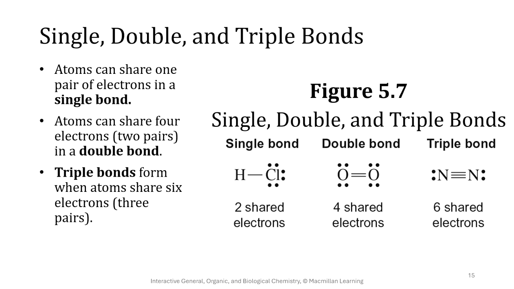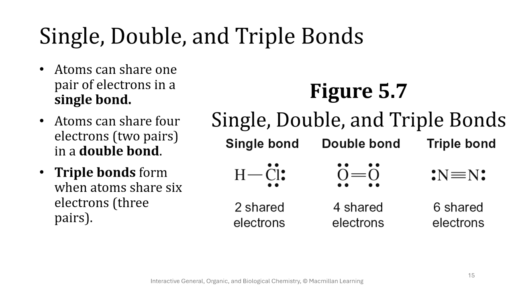But sometimes atoms can share more electrons. So for example, in molecular oxygen, O2, each atom shares 2 electrons, so that there are 4 total electrons being shared. Those 4 electrons form what we call 2 bonds or a double bond.